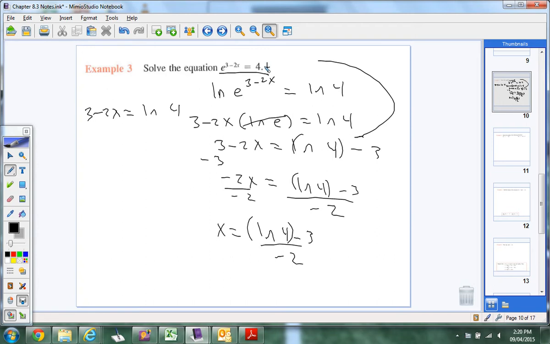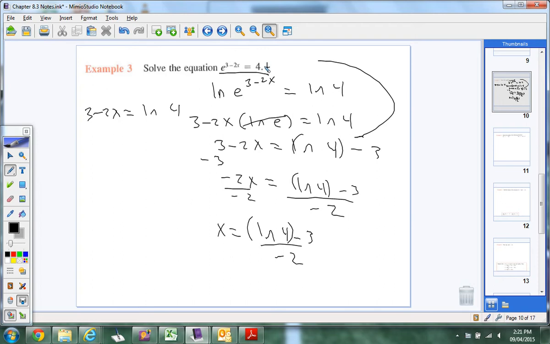Okay? So is it fair that ln is like log base e and then you have an e? Ln is log base e and you have an e. Yes. It's just confusing. How do you know when to log both sides versus ln both sides? Whenever you see e's, you think ln's, because the ln's and e's are what cancel and go together.